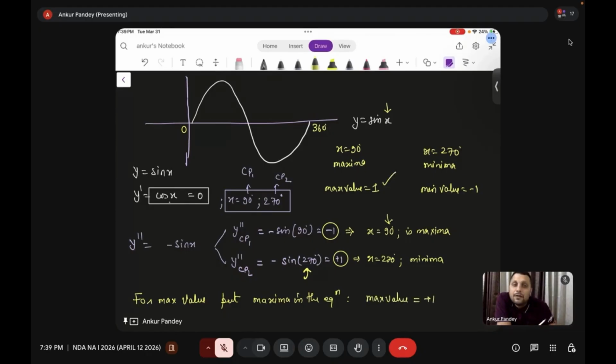Clear? And for the minimum value, put minima in the equation. What will I get? When I put 270 degree in the equation, I am getting -1. This is the minimum value. Understood? Yes or no? This is the algorithm. Clear?